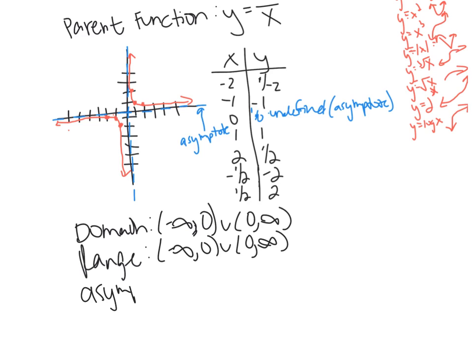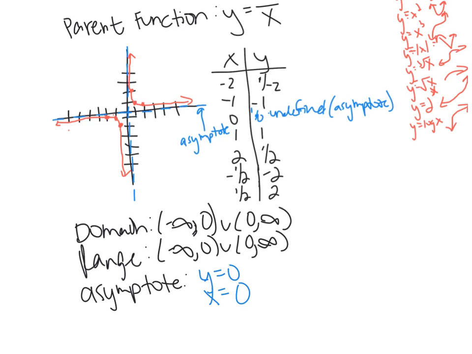Again, asymptote means an imaginary line that the graph is approaching, and in this instance is not going to cross. And we have 2. We have a horizontal asymptote at y equals 0 and a vertical asymptote at x equals 0.